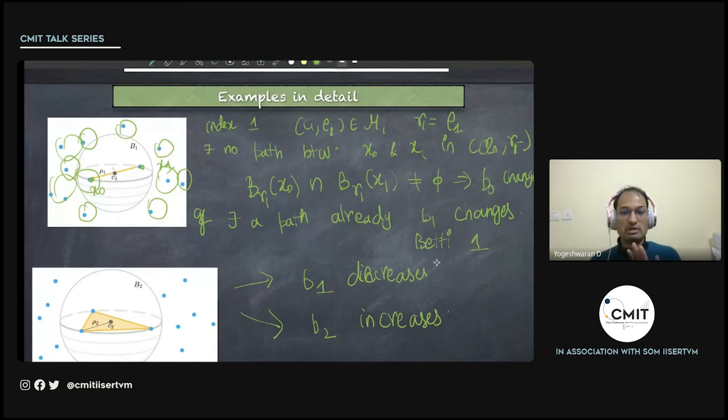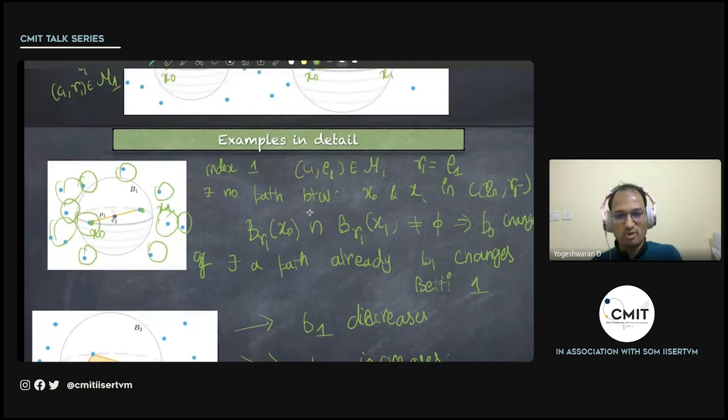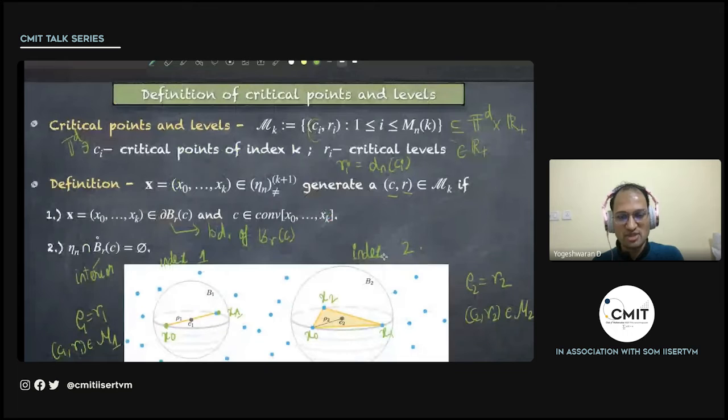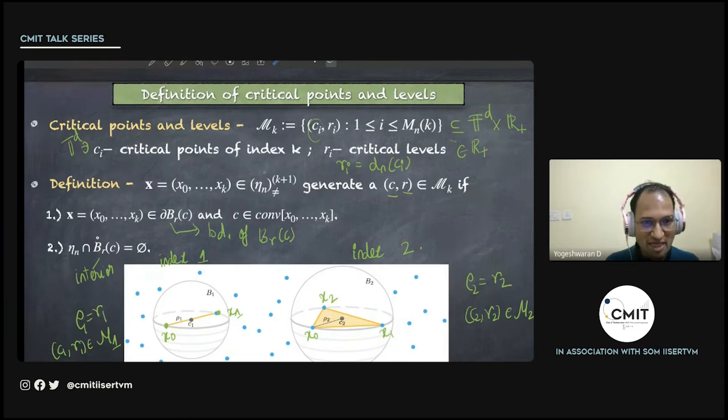Again, as I say, it's good to know this, but you can even forget it and take Morse critical points as an interesting object by themselves. We can still move on with the talk. You should be able to follow. So this is a definition. Let me flash it again, because everything is going to be based on this.